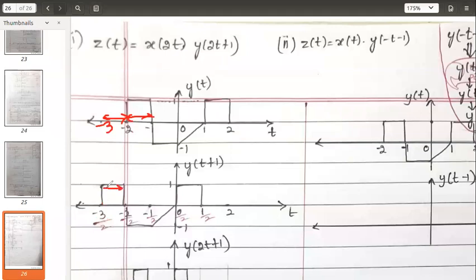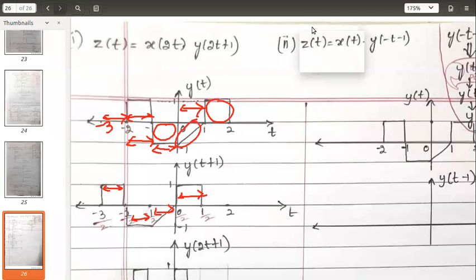If I shift the next pulse here, the new range is between -2 to -1. If I shift this ramp here, the range is between -1 to 0. If I shift this by one amount to the left side, the new range is between 0 to 1.